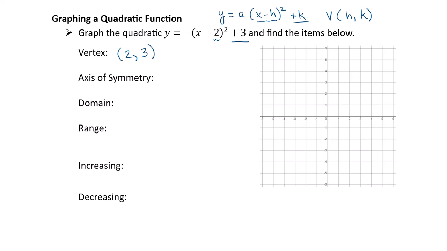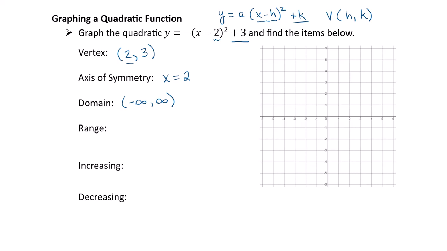Your axis of symmetry, remember, is going to be the x part of the vertex. So x equals the x part of the vertex is your axis of symmetry. Your domain is going to be all real numbers, negative infinity to positive infinity.